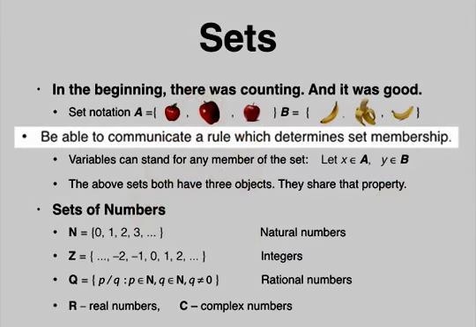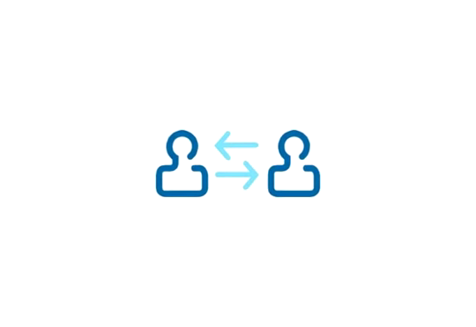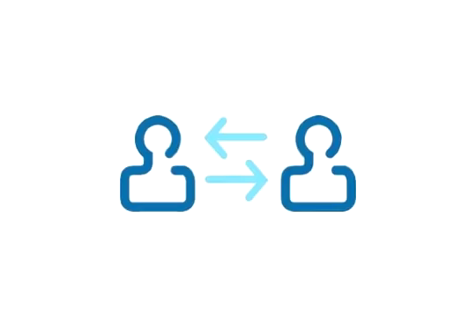So when you're talking about a set in mathematics, you have to have a rule that anyone you're talking to can apply and unambiguously figure out if an object is in the set or not. I can have a set of an apple plus this banana and this apple, okay, and that's what is in that set. But in order to do that, I have to communicate that to whoever I'm speaking to.